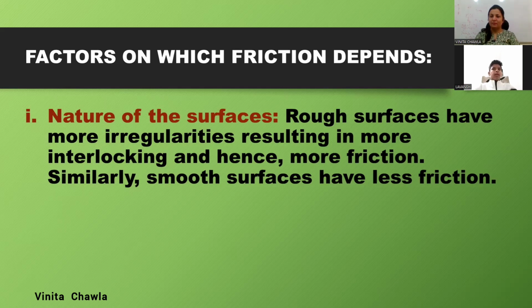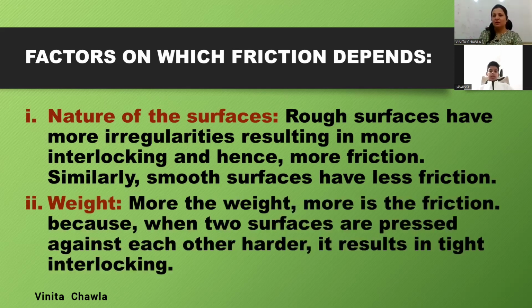If we have a smooth surface like polythene or any other object, then there will be less friction. So rough surfaces have more irregularities, resulting in more interlocking and hence more friction. Similarly, smooth surfaces have less friction.